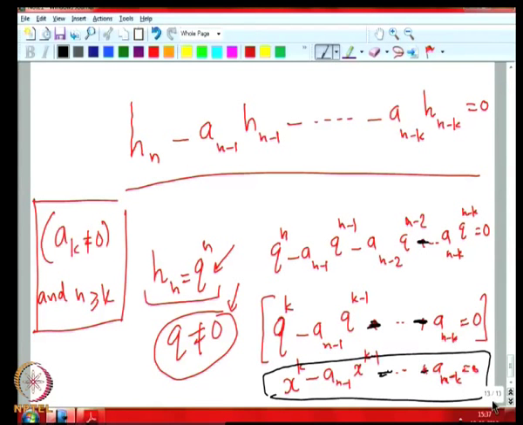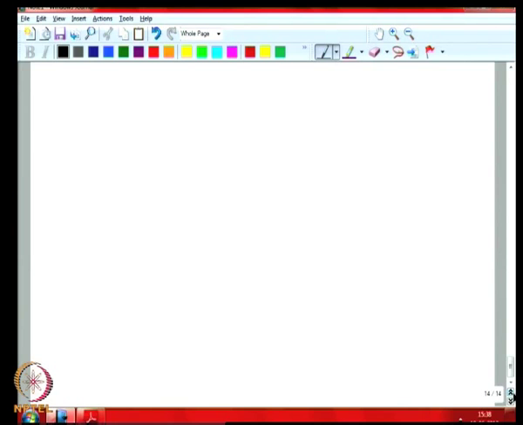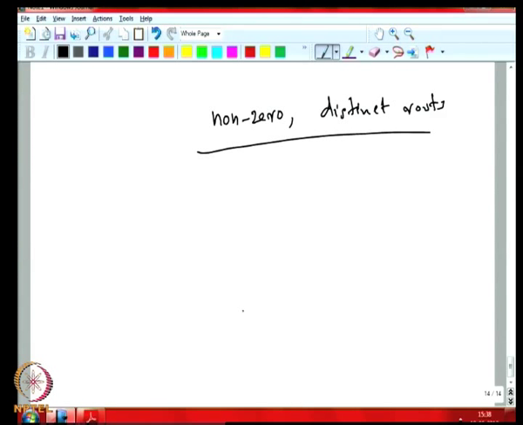So we will consider the situation where this characteristic equation has all non-zero and distinct roots, right, all are non-zeros and distinct.